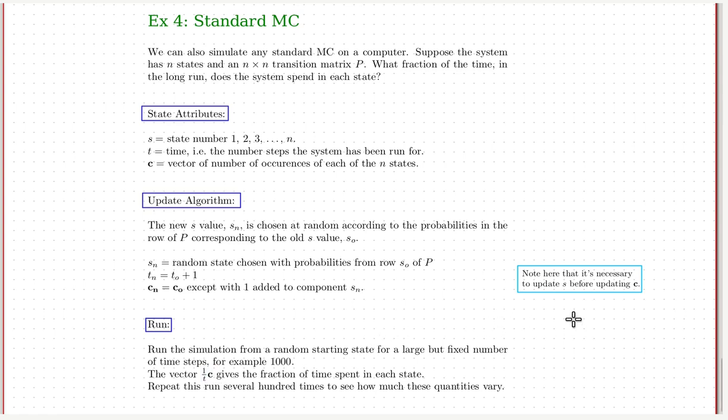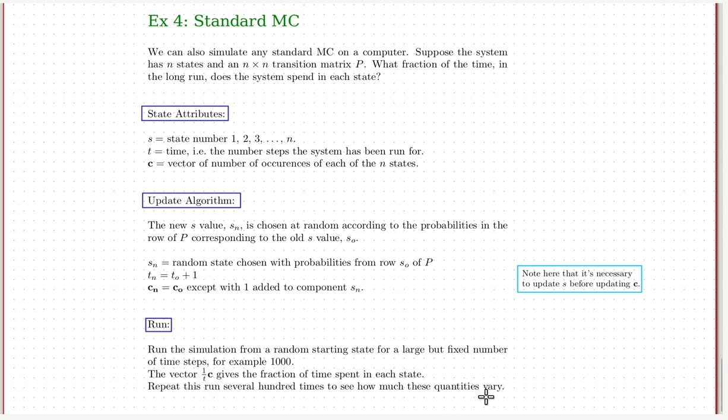Again, that's only one run of the simulation, so what we should now do is repeat this run hundreds or even thousands of times in order to see what this average turns out to be over many, many repetitions of the run, right? So once we've collected data over several hundred or even 1,000 runs of the simulation, then we can take the mean of these averages to get a better overall average of what the fraction of time spent in each one of the states is likely to be, right?